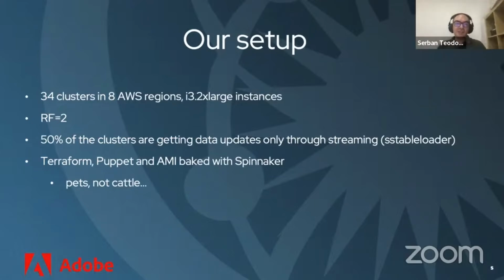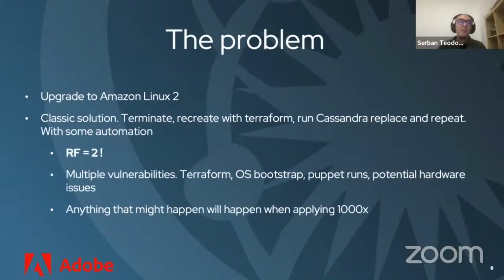Back to our setup, why we have this problem. We have 34 clusters in 8 AWS regions with replication factor 2, which is a bit strange. Usually to do a big upgrade, in this case we had the OS upgrade, as I mentioned, we would have simply replaced each instance, but doing that on 1,000 instances, you are just asking for problems.